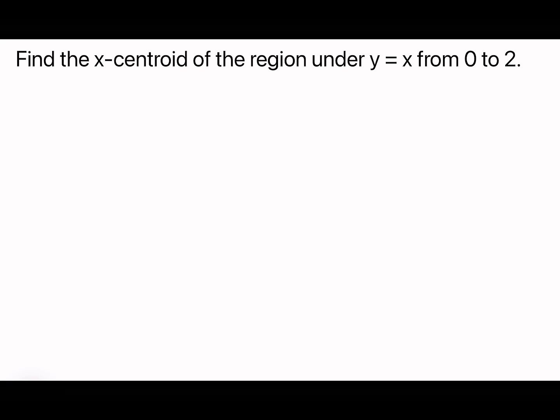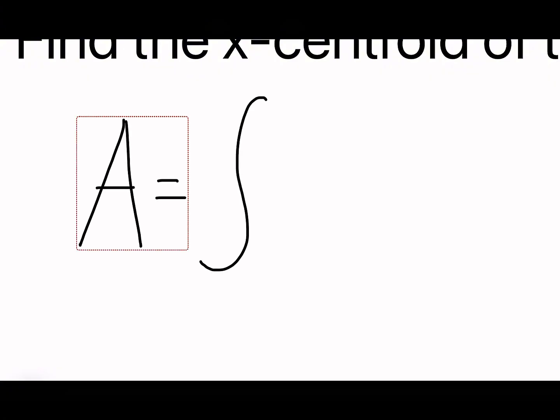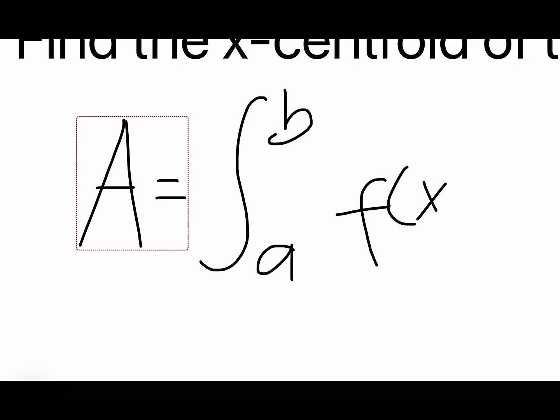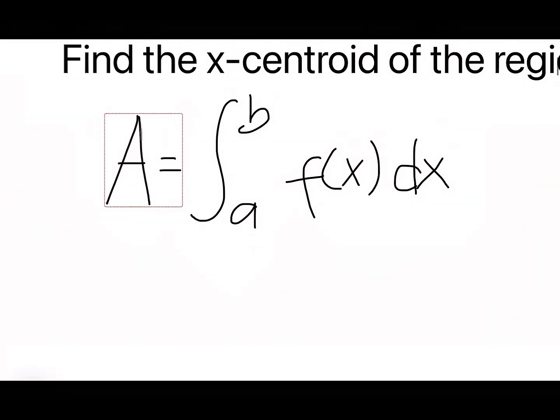So here's our example. Find the x-centroid of the region under y equals x from 0 to 2. So first, compute the area. The formula of the area is A equals the definite integral from a to b of f of x dx.